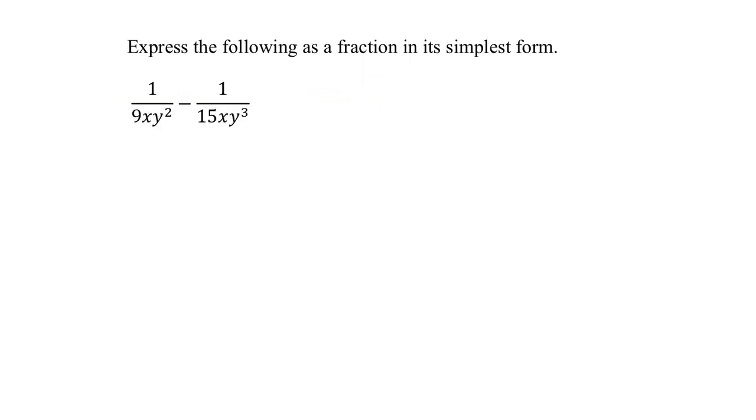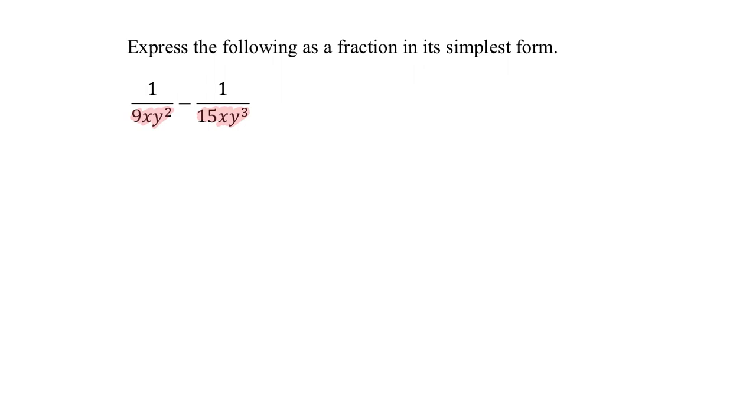Hello everyone, welcome to this part of the problem where we are required to express the following as a single fraction. My attention turned to the denominator. Okay, and trying to think of what is then the lowest common multiple of 9xy squared and 15xy cubed.